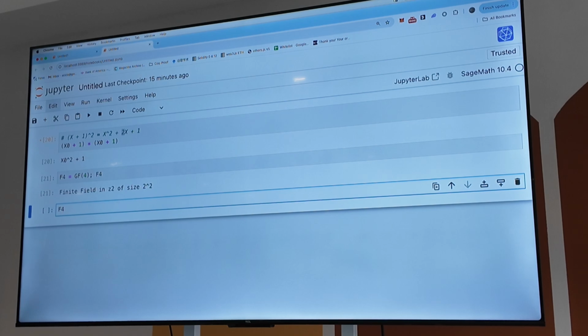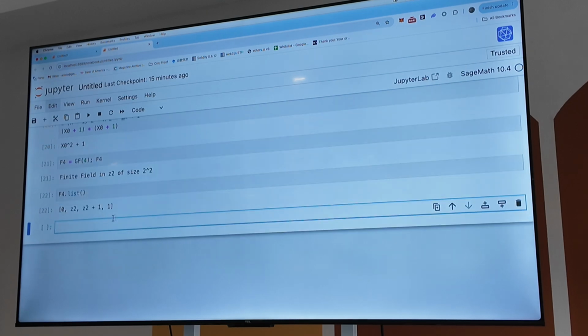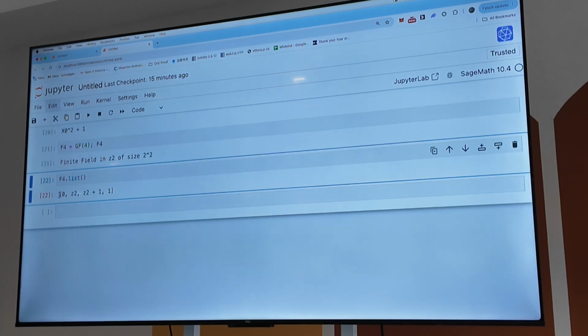Now we enumerate the elements of F4 using the list function. Now we get something weird, Z2. So what is Z2?